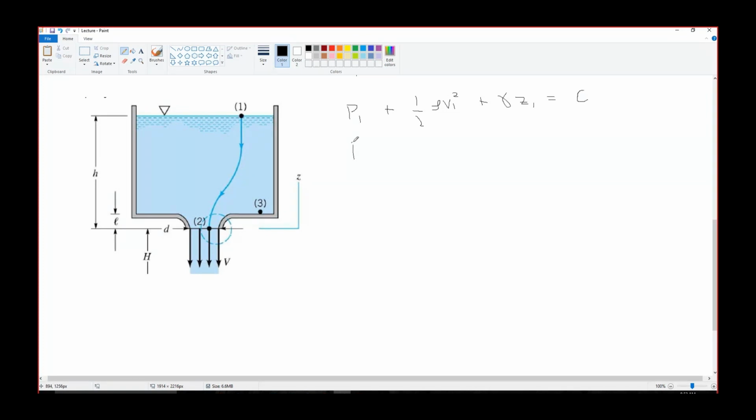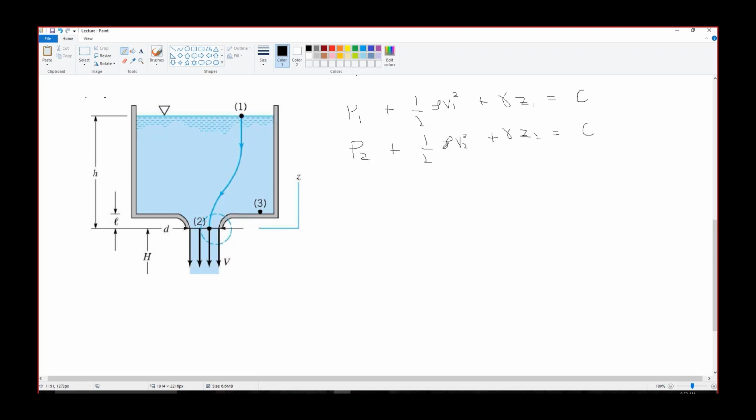And at point 2, it should also be equal to the total pressure, that is P2 plus half rho V2 square plus gamma Z2 equal to constant, right? So in other words, P1 plus half rho V1 square plus gamma Z1 should be equal to P2 plus half rho V2 square plus gamma Z2.